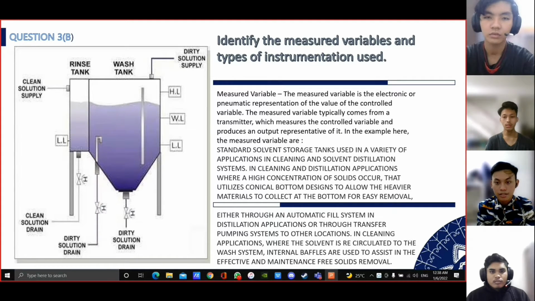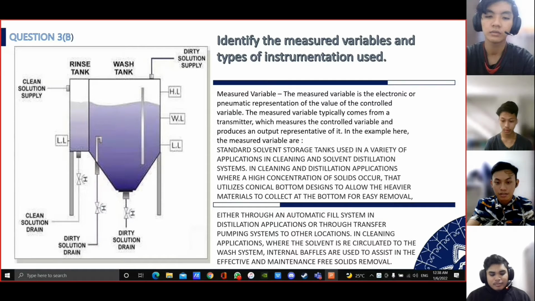In cleaning and distillation applications, where a high concentration of solids occur, they utilize conical bottom designs to allow the heavier materials to collect at the bottom for easy removal, either through an automated phase system in distillation applications or through a transfer pumping system to another location.